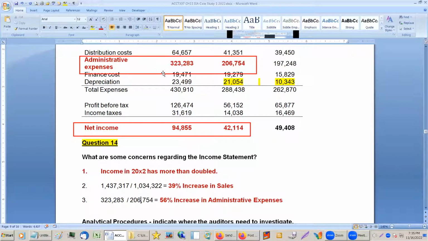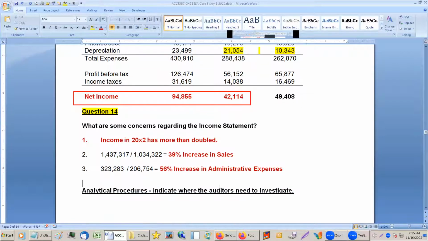These administrative expenses, they may have just jumped up. It's not completely out of the question that they would do that. So they tell you where to look. They don't necessarily tell you that these are fraud.